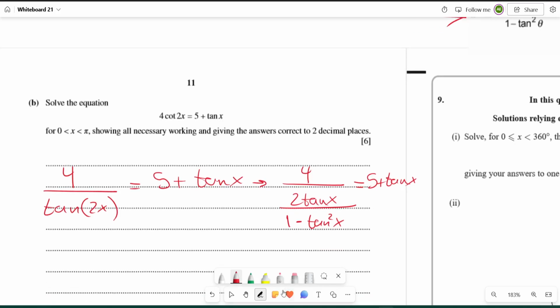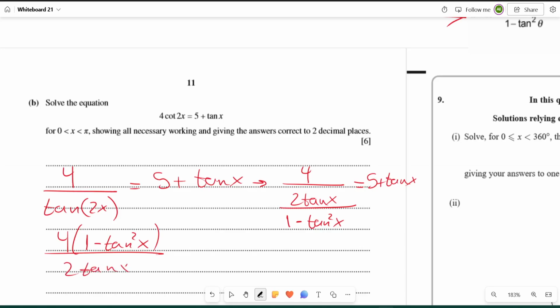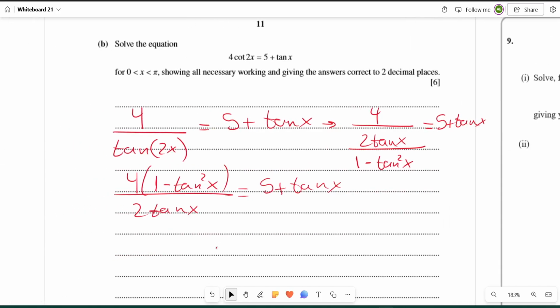So to rewrite this, I'm going to put this whole thing on top. So this becomes basically 4 into 1 minus tan squared x over 2 tan of x equals 5 plus tan x. Everything is in terms of tan x, which is great.